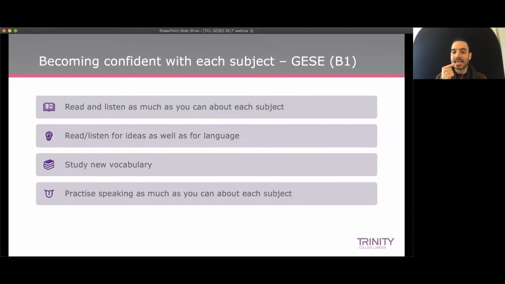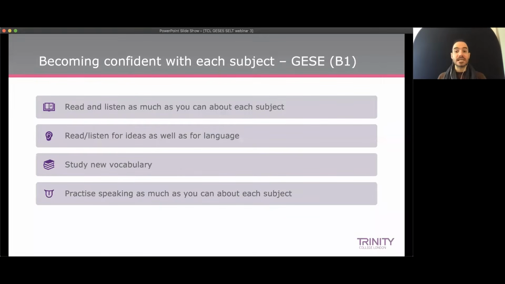Practice speaking as much as you can about each subject. It is important to do all the reading. It is important to study the vocabulary, but it is very important to practice speaking. Do not forget, this is a speaking and listening exam. We need you to be able to talk about those subjects.